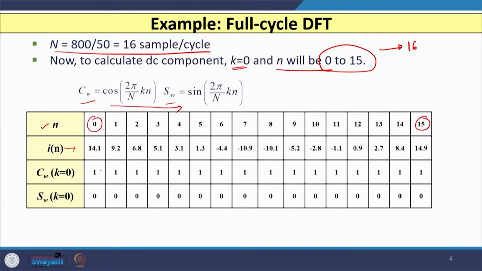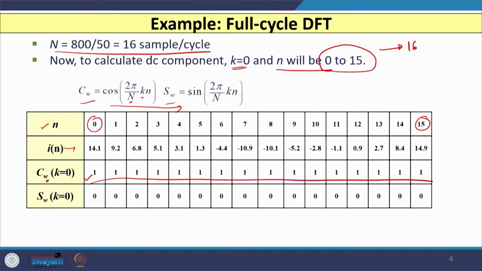At each sample we have the values of I n from 0 to 15. For CW, if you put the value of k that is 0, capital N that is 16, and small n that varies from 0 to 15, then since k is 0, cos of 0 is 1 for all the samples.